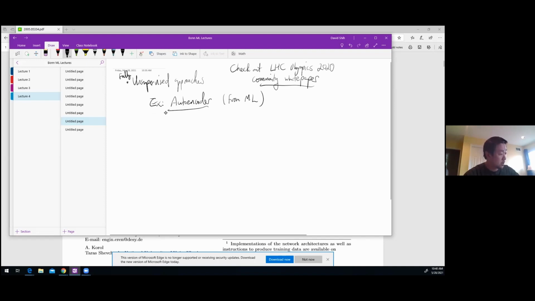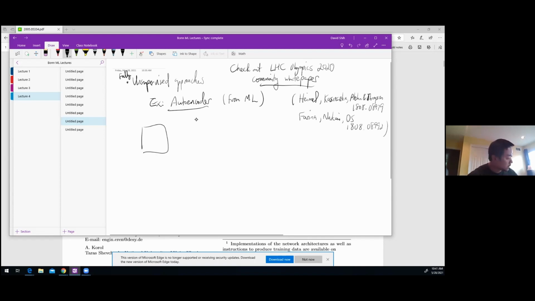In 2018, Heimel, Gregor, Tillman, and Jenny Thompson, and on the same day, my two postdocs, Marco Farina, Yuri Tronakai, and I coordinated and put out papers saying, why don't we try this method out to look for new physics at the LHC?